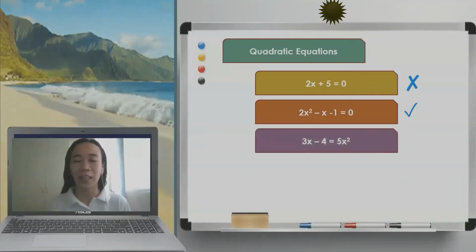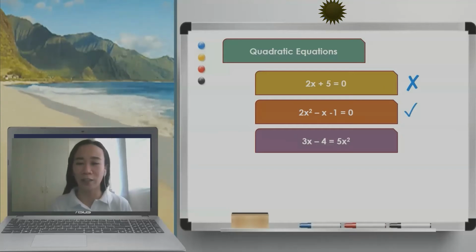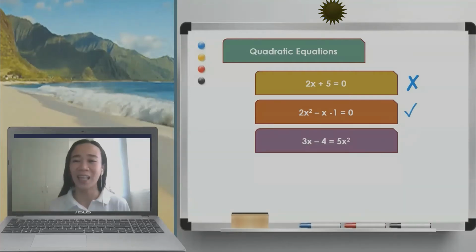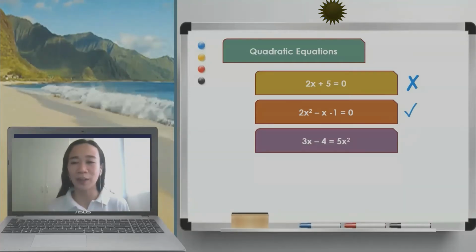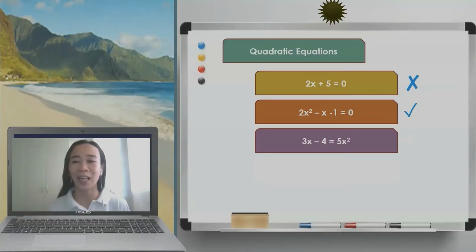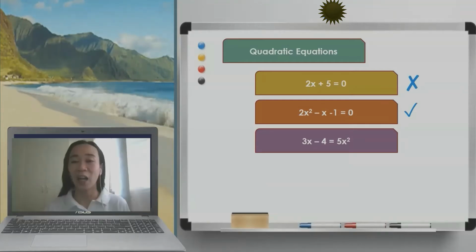Next one, 3x minus 4 equals 5x squared. Is this a quadratic equation? Excellent, Guadans! It is a quadratic equation. And here, our a is negative 5, our b is positive 3, and our c is negative 4.